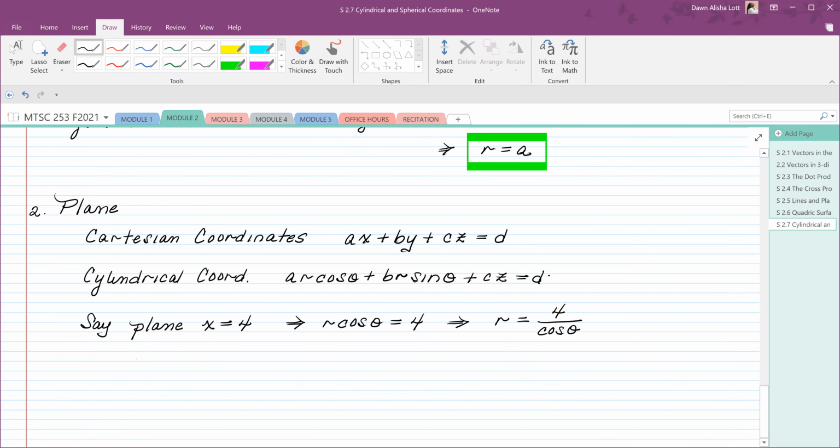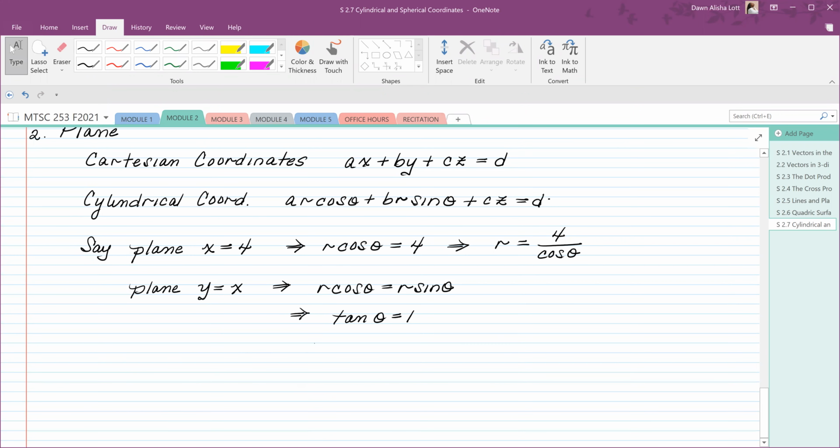All right. The plane y is equal to x. Okay, well, that becomes r cosine theta is equal to r sine theta, but that becomes the tangent of theta is equal to 1. Or that becomes the plane theta is pi over 4.